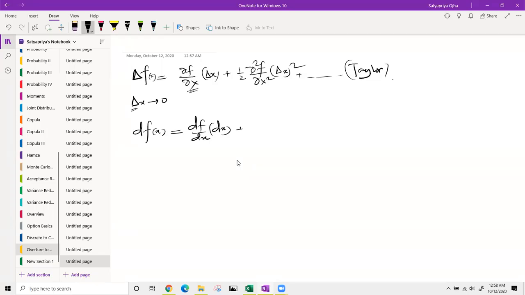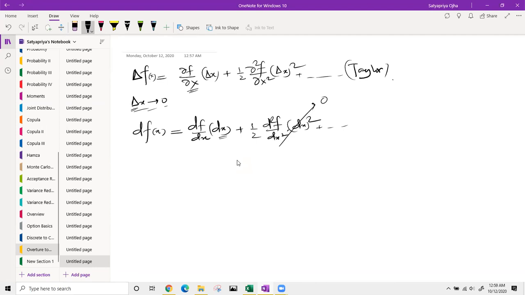So df equals df by dx times dx, plus half d squared f by dx squared times dx whole squared. Since delta x tends to 0, dx is infinitesimal.